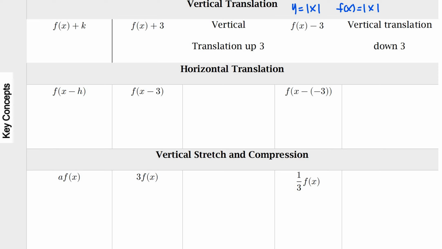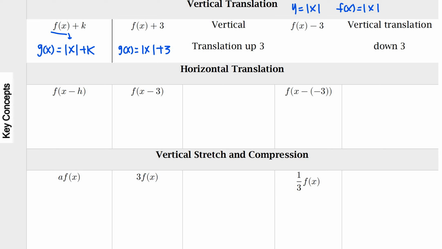Vertical translation is either going up or going down. So this is the function notation. We can say the new function is f(x), the absolute value, and then move k. For example, the new function transformed from f(x) will be, oops, that's wrong, that's horizontal, vertical will be 3.